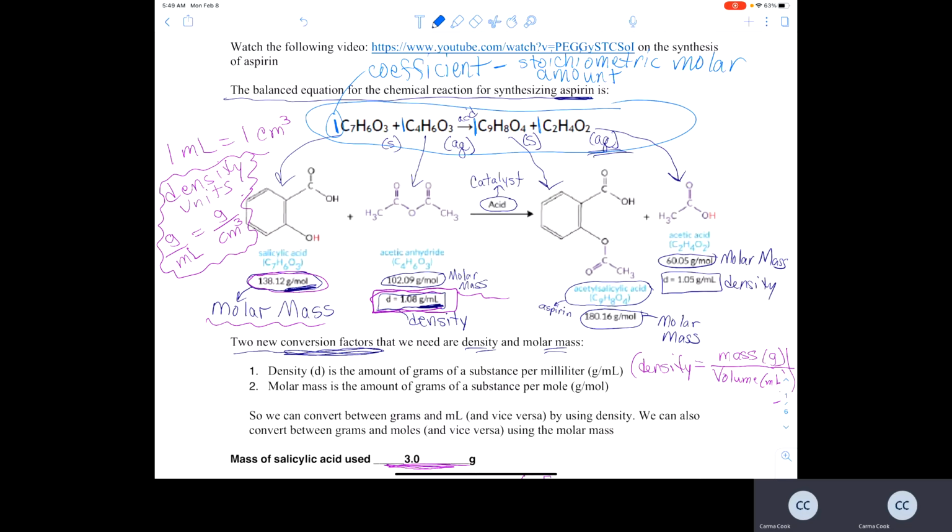So your ratio of your limiting reactant, which is the salicylic acid, to our product of interest, which is the aspirin, is a 1-to-1 molar ratio. For every 1 mole of salicylic acid that reacts, 1 mole of aspirin is produced.